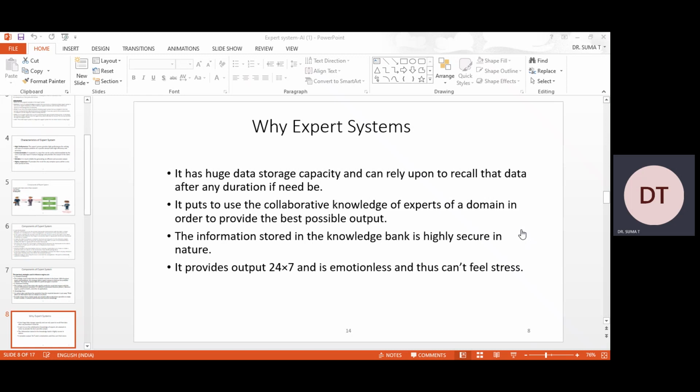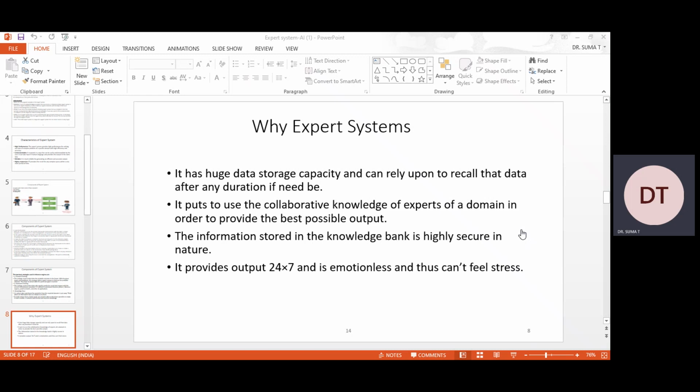What is an expert system and for what purpose are we going to use it? The necessity of this expert system is that it has a huge data storage capacity and can recall the data after any duration it is needed.